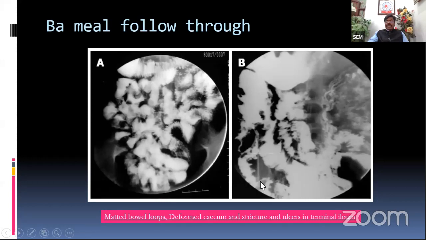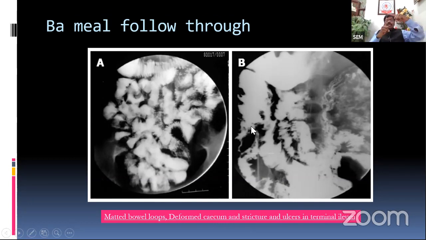The terminal ileum is lying in the right iliac fossa, whereas the cecum, because of the fibrosis, is pulled up, becoming subhepatic, just below the liver. So the cecum, instead of being in the right iliac fossa, is up here, a pulled up cecum.